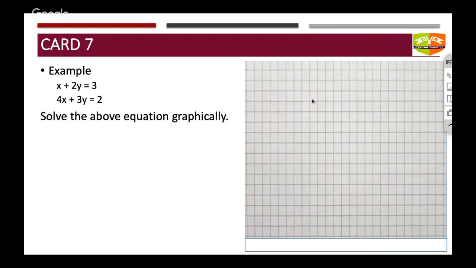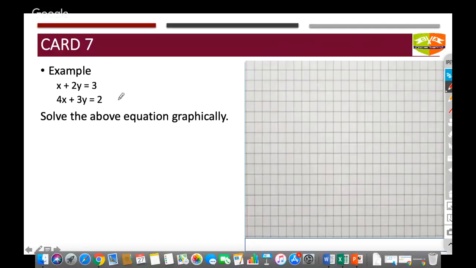So how do I solve these questions? To solve this question, first I'll take equation 1 and represent y in terms of x. If x plus 2y is equal to 3, y comes out to be 3 minus x divided by 2.